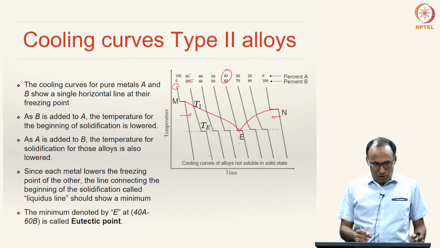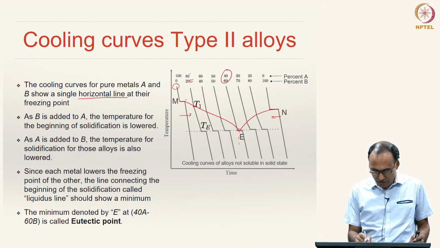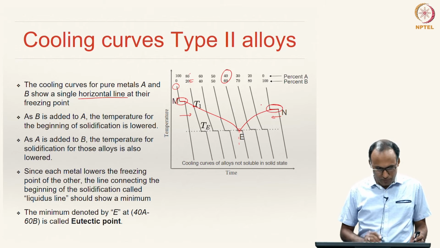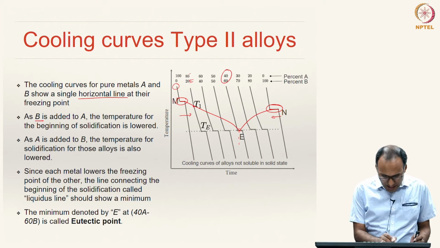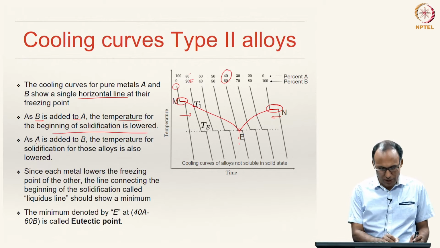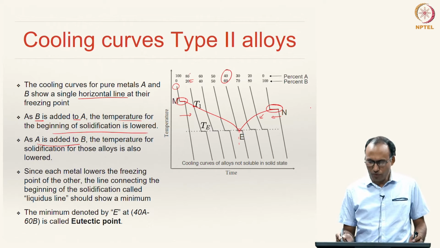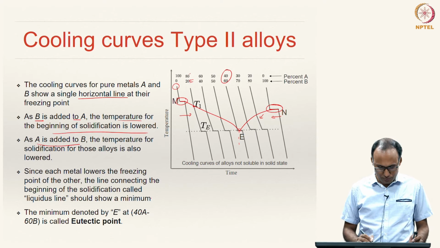So, the cooling curves for pure metals A and B show a single horizontal line at their freezing points, and as B is added to A, the temperature for beginning of the solidification is lowered. Similarly, as A is added to B, the temperature for solidification is lowered for the alloys coming from the right.